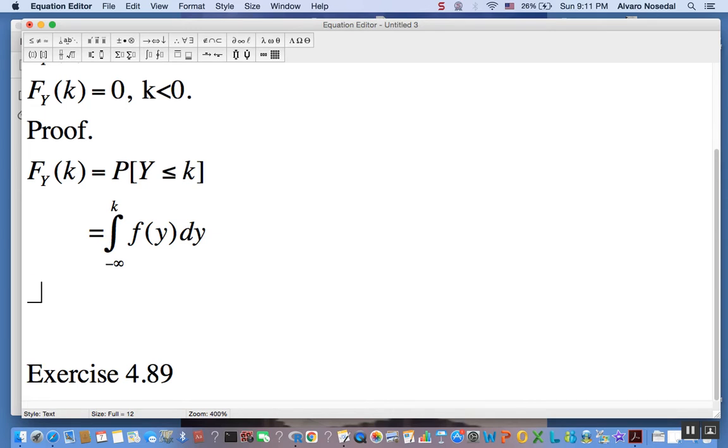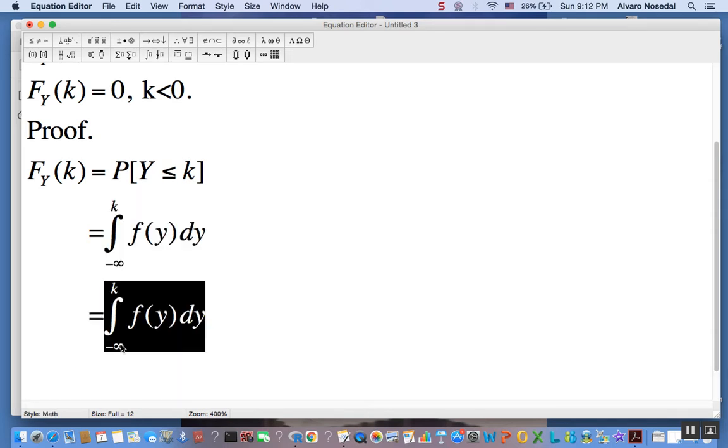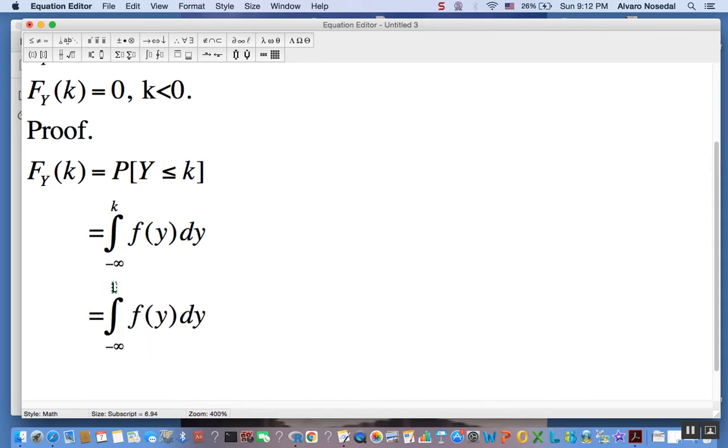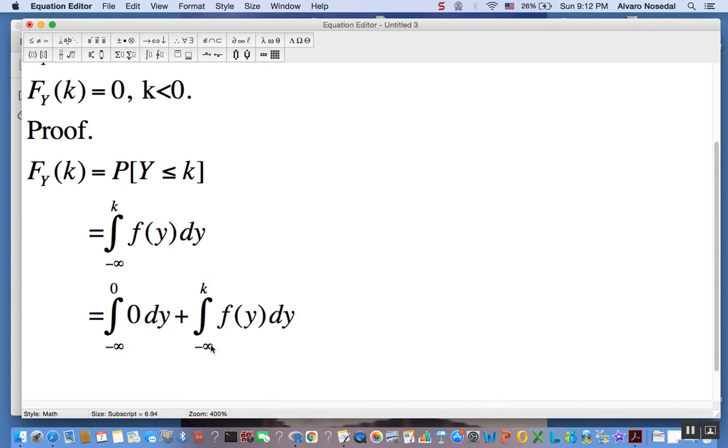Now we are going to break down that integral into two. First, from negative infinity to 0, but in that case the PDF of an exponential is just going to be 0, plus, then we have the integral from 0 up to k of the PDF.